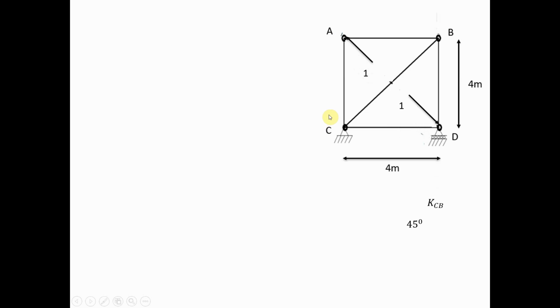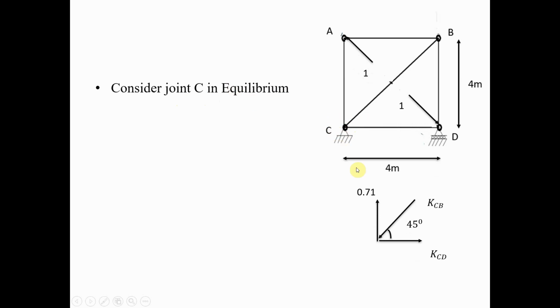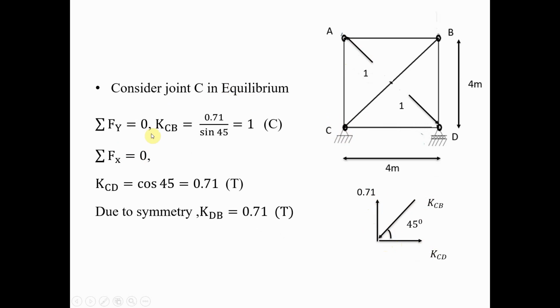Now to find out the member forces at joint C, consider the joint C in equilibrium, and draw the free body diagram at joint C. We have KCD member force, then KCB, and KAC, which we have already found out, which is 0.71. By applying the condition of equilibrium at joint C, summation of Fy is equal to 0.